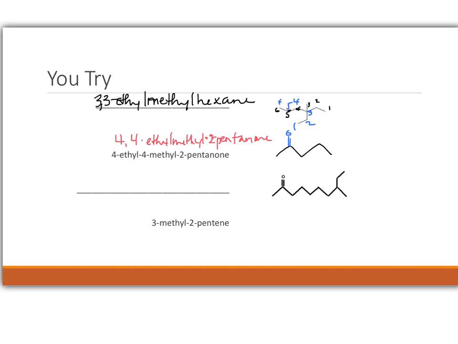So that means at the fourth carbon, 1, 2, 3, 4, I'm going to have an ethyl group coming off, like so, and a methyl group. Okay, you could draw one of those pieces down too, and that would be fine.